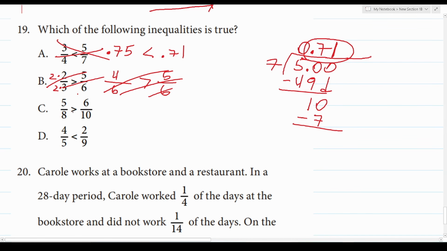Let's take a look at this one. We have 5/8 greater than 6/10. Well, let's think about 6/10 for a minute. We have 6 divided by 10. As we've seen in this video, when we multiply or divide by powers of 10, it just prompts us to shift our decimal left or right.